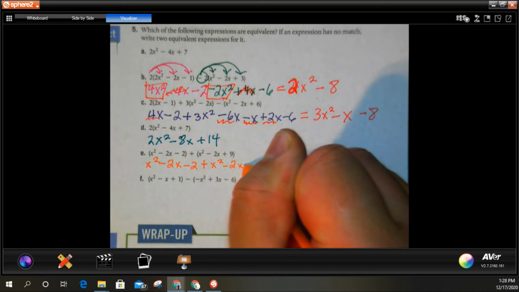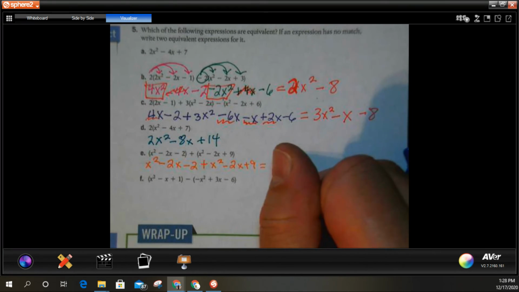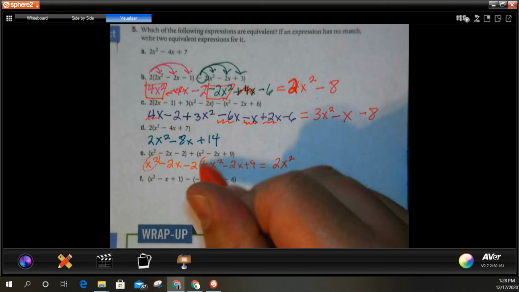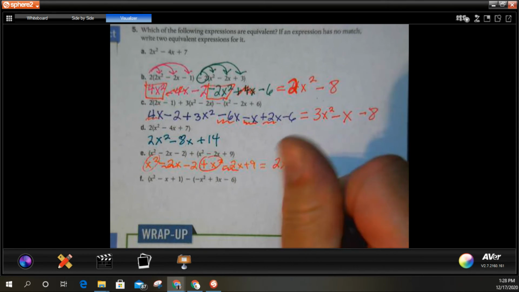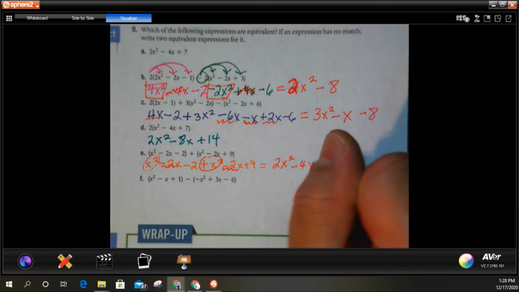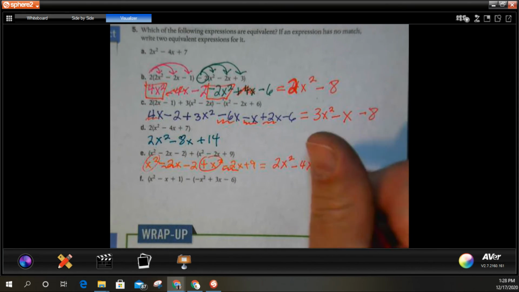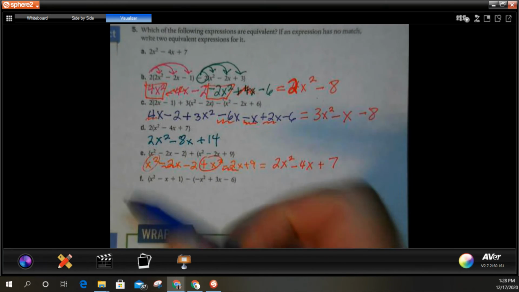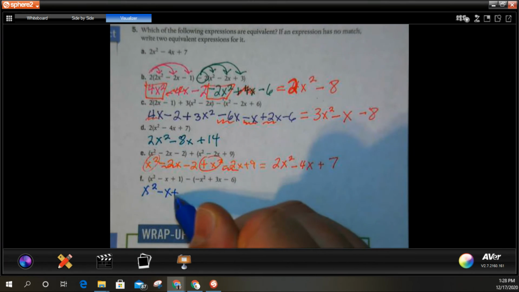Let's see, x squared minus x plus 1, distribute, plus x squared minus 3x plus 6. Combine: 2x squared, minus x minus 3x is a minus 4x. And then plus 1 plus 6 is plus 7. So these are equivalent.